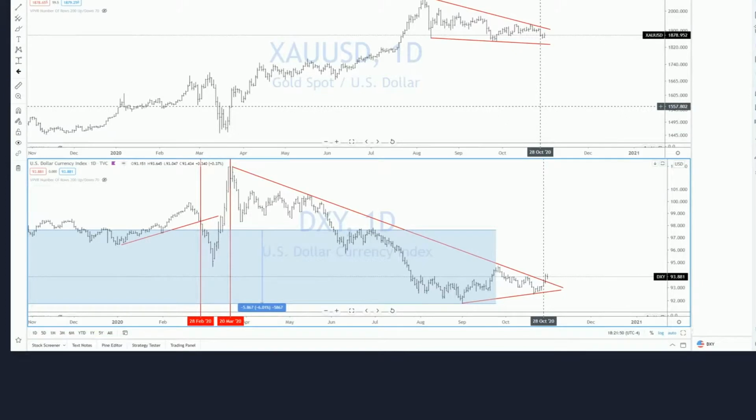And all of this information you have to put together. It's a mosaic of data. No one piece is more important than the other. Okay, but it all starts with the dollar. It all starts with understanding what the three main drivers are of the dollar.